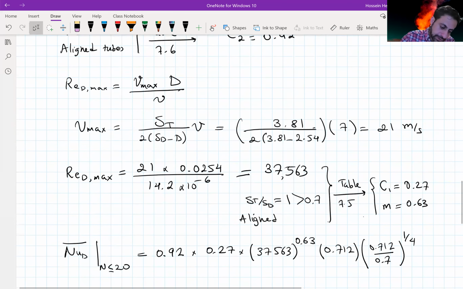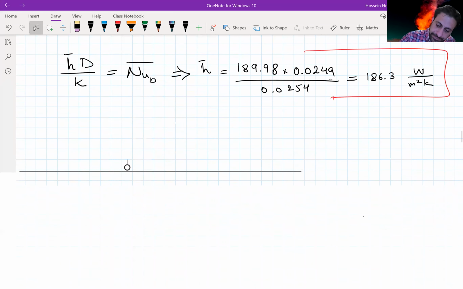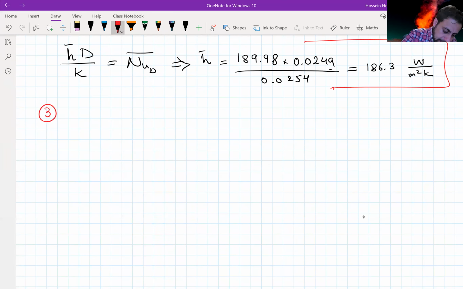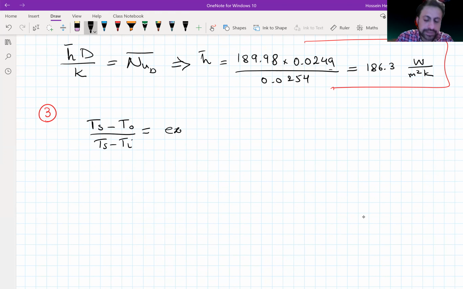That's step 2. So we got the properties, we found h average, and then the other step is, we need to find the fluid temperature leaving the bundle, and for that we have the formula: Ts minus To over Ts minus Ti, based on the energy balance, equals the exponential of minus pi D N h average divided by rho V ST Cp, where N is the number of tubes and NT is the number of tubes per row.